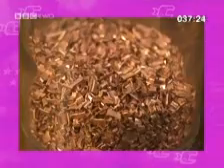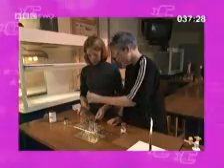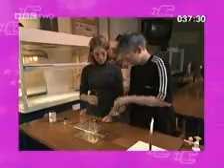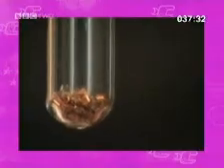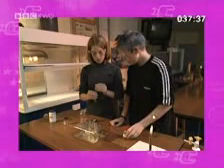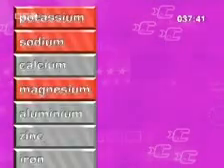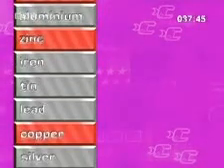Let's do the copper now. Shavings of copper are used, and this time, when the acid is added, there is no reaction. So the order going from the most reactive is magnesium, then zinc, and finally copper.